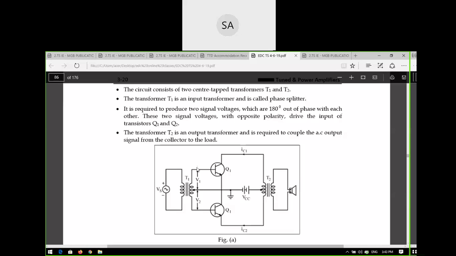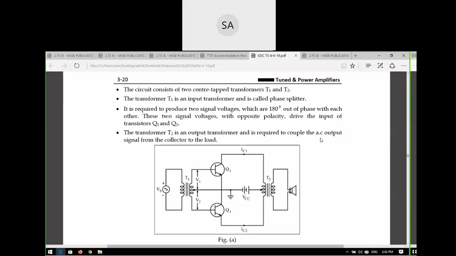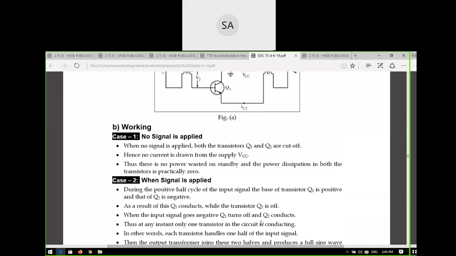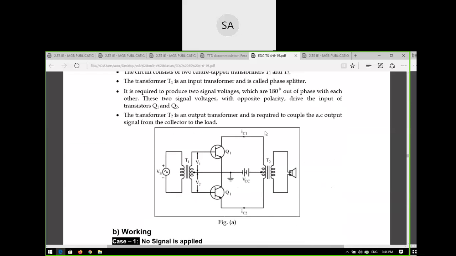What is the load here? T2, sir. The load is a loudspeaker here. Correct or not? This is the loudspeaker. You will couple this voltage, the output of the transformer T2, to the load. The load is a loudspeaker. So how many outputs will we get at the output side?